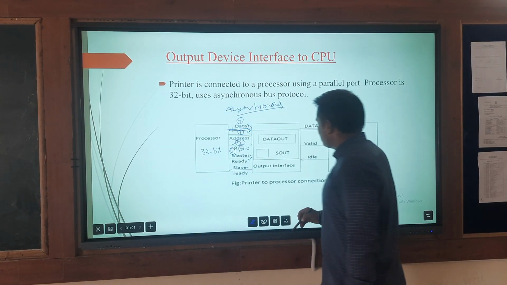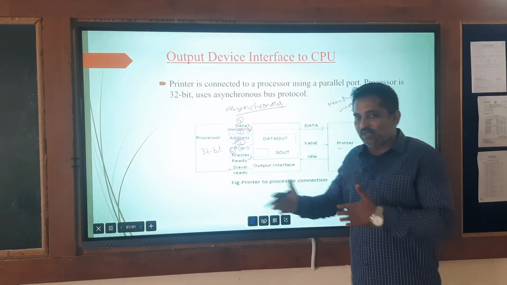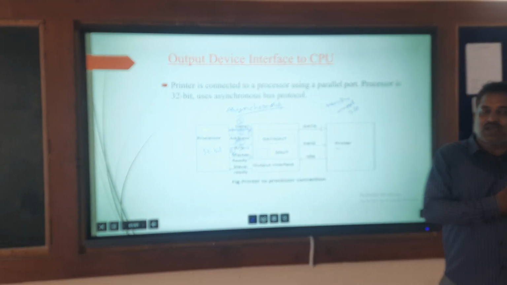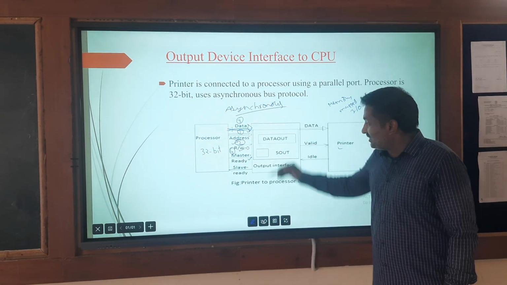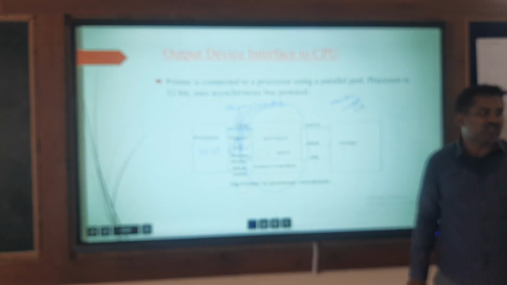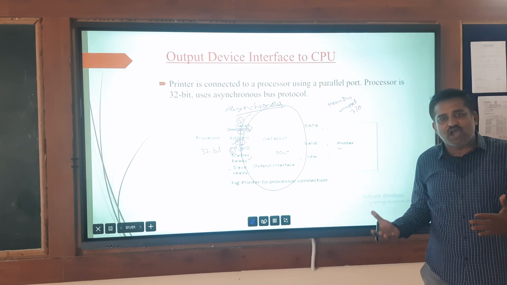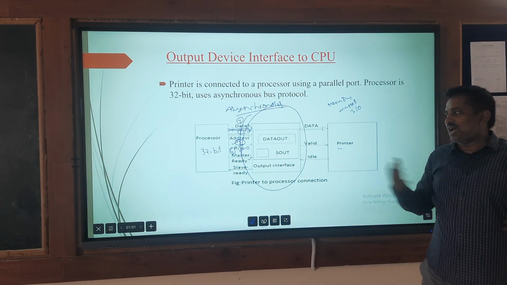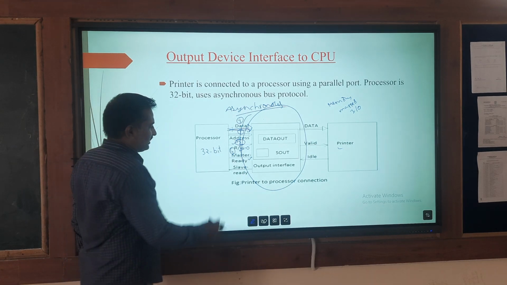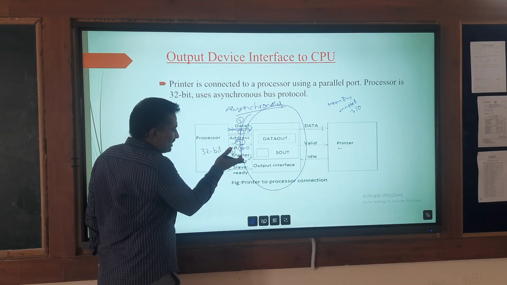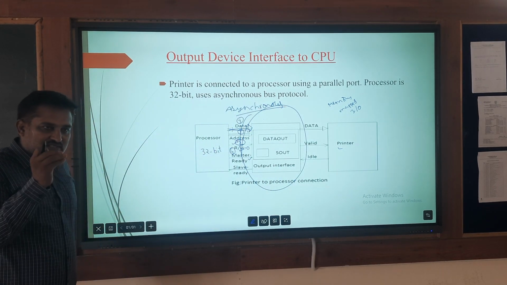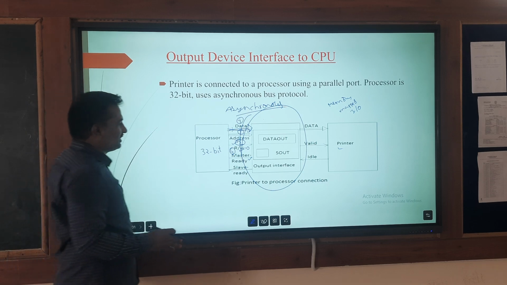Next, see my dear friends, whenever we transfer the data from the processor to the input output devices, we can transfer the data with the help of an interface circuit. This is my output interface circuit. Not only the bus, we may also use the interface circuit to transfer the data. So the master ready signal is activated, and the printer identifies the master is participating in the data transfer.